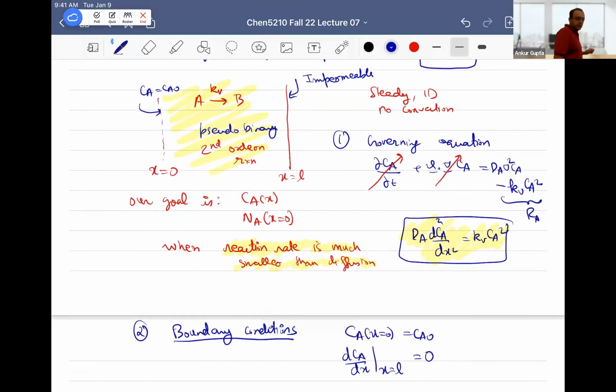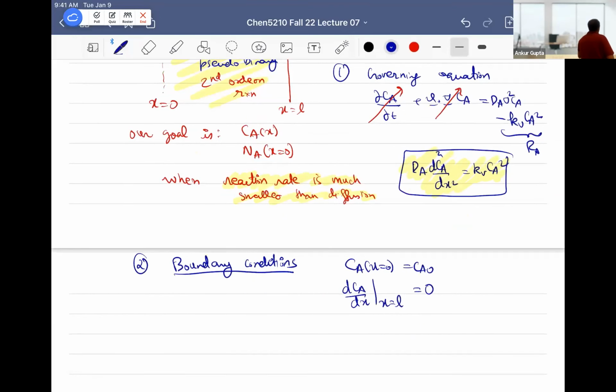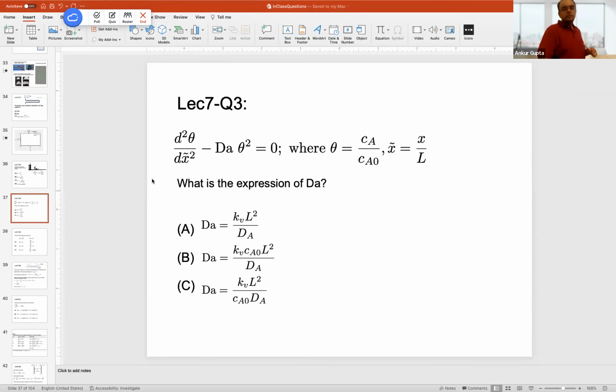What we have still not done yet is the condition that reaction rate is much smaller than the diffusion rate. So to do that, what should we do? We should non-dimensionalize. The problem is clearly stating that the reaction rate is smaller than the diffusion rate. So let's do that, and I will have you do that with the problem. Use these dimensionless groups to non-dimensionalize and come up with the expression of this capital Damköhler number, and then we'll discuss.